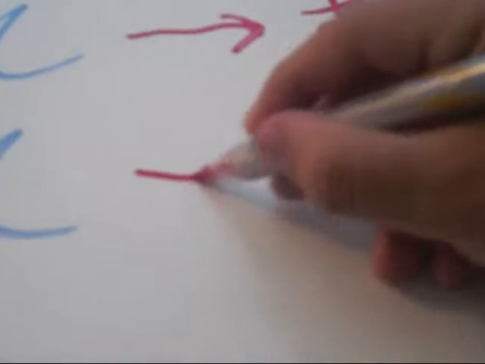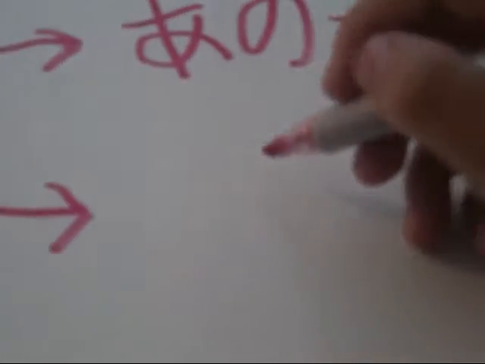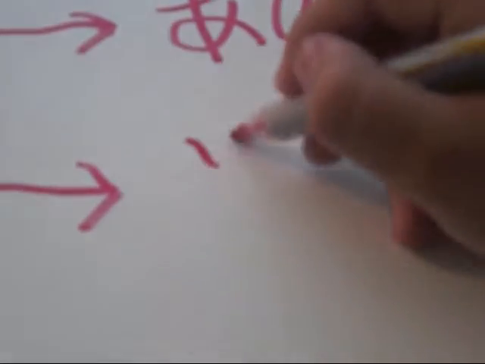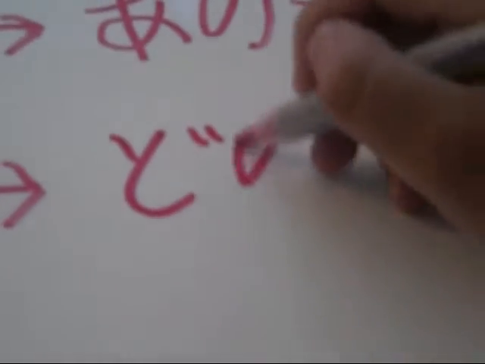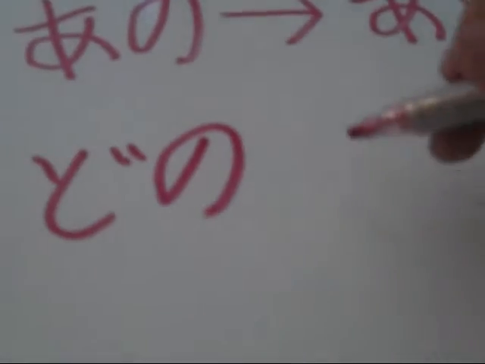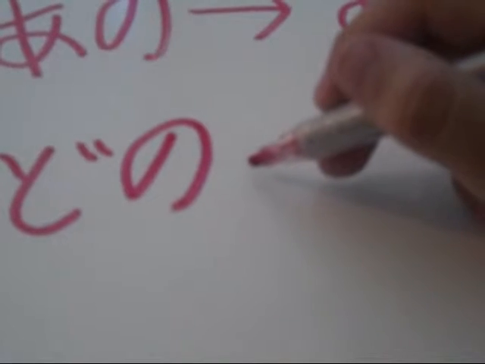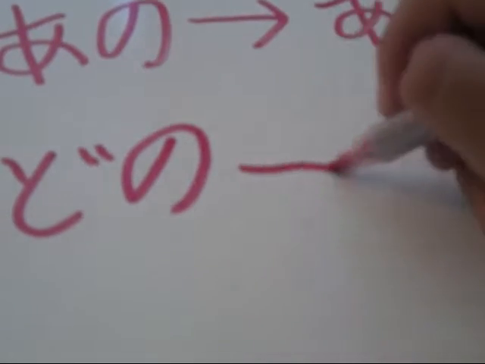Okay, so dore meaning which. If you want to say, for instance, which pencil, you follow the same rule. You take out the re, and you add no. So, dono enpitsu, which pencil. So, dono. This is also a question word, but it's a question word that precedes a noun.